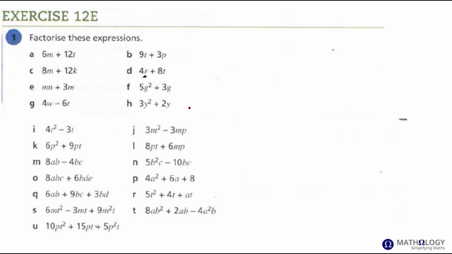This entire exercise is based on highest common factor factorization. So we'll get to the other forms of factorization in another exercise. So to factorize these expressions, when we are dealing with common factors, we're essentially dividing each term by the highest common factor.